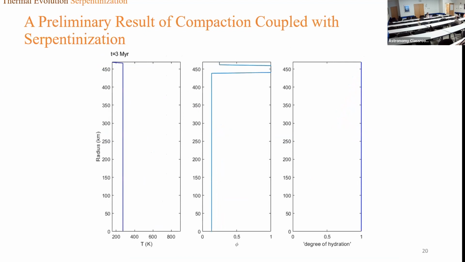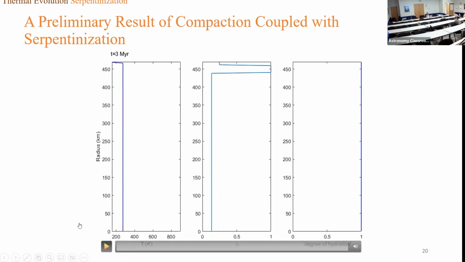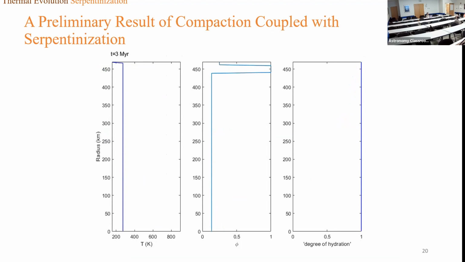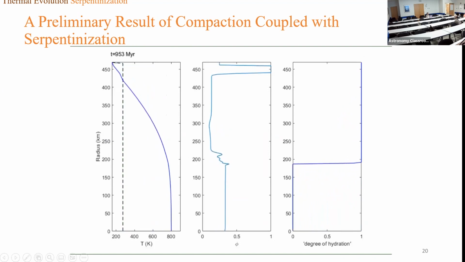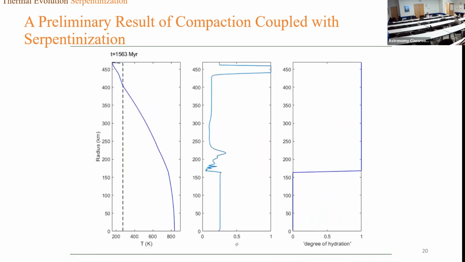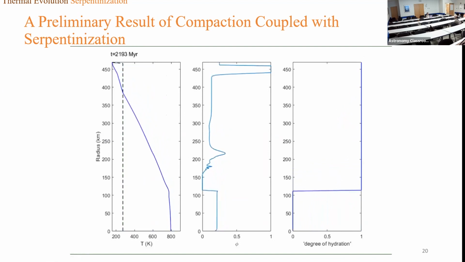We move to this one. In this one, what's different is we consider both phase changes, melting and serpentinization. Temperature and velocity are the same, but what's shown on the left is the degree of hydration.